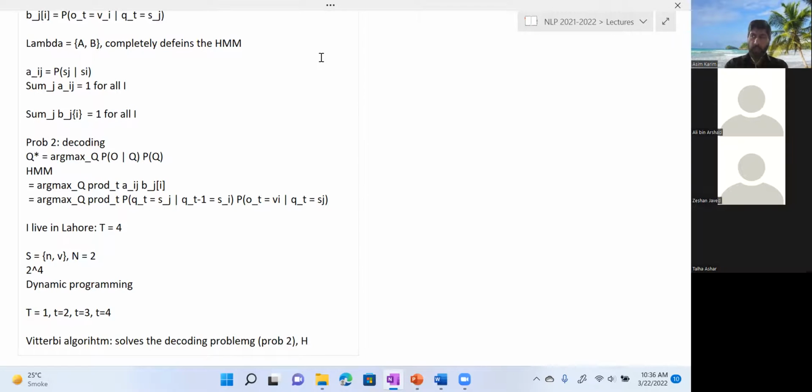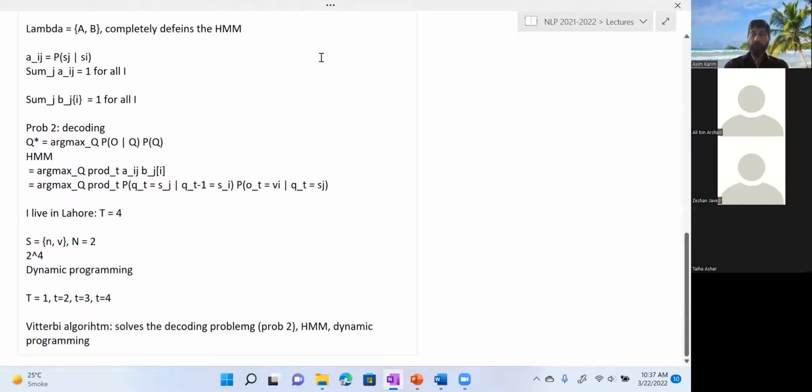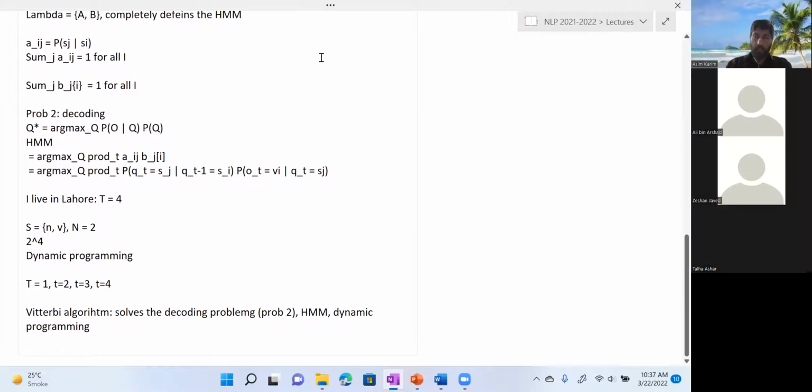It is based on HMM, right? So it assumes an HMM for the problem solution, and of course, it is based on dynamic programming. So this is called the Viterbi algorithm.